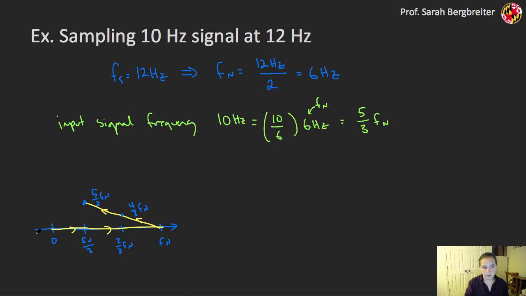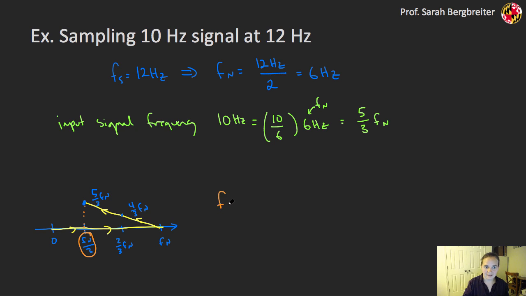So from my folding diagram, right, and I've written it a little differently. I've written it in terms of thirds of Fn, just to make everything a little bit easier for myself. Right, I'm going in this direction, and then once I get to 5/3 of Fn, I map that down here, and that's equivalent to Fn over 3.